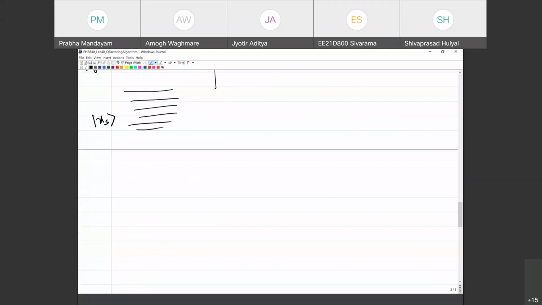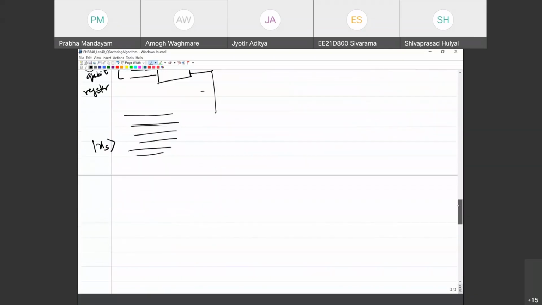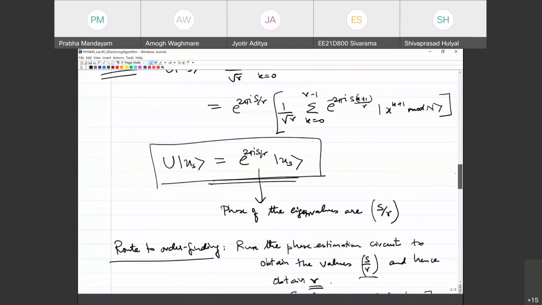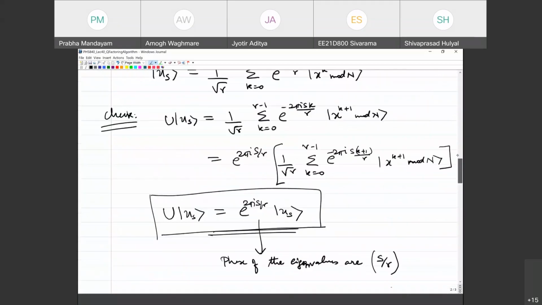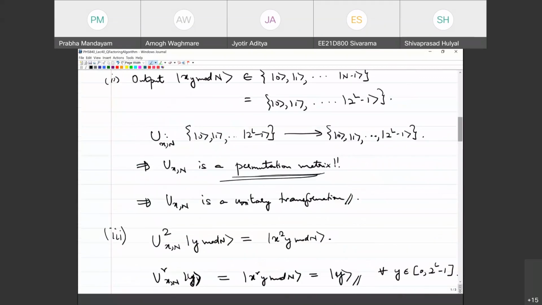So if you can already prepare the eigenstate US, then what is the need to even run this algorithm, right? So while the algorithm assumes that you can sort of create this permutation matrix, now this permutation matrix can be jolly well created without knowledge of the order R, right? Because this only relies on knowing little x and capital N.